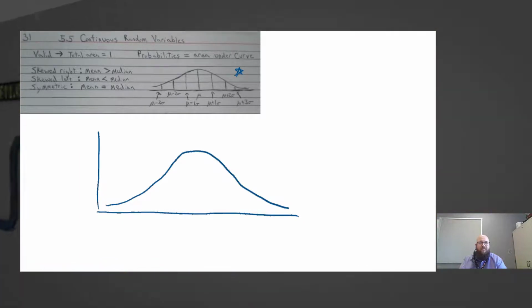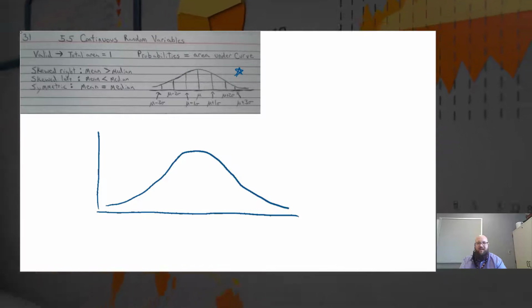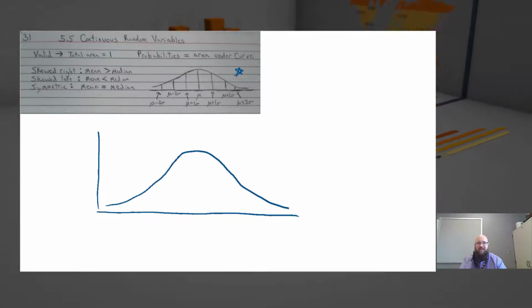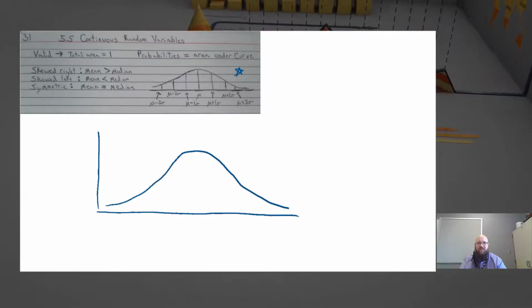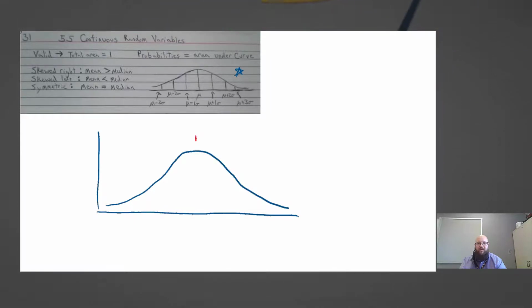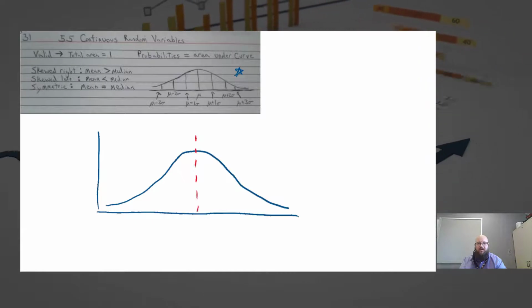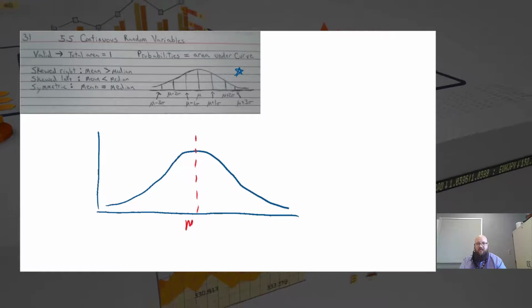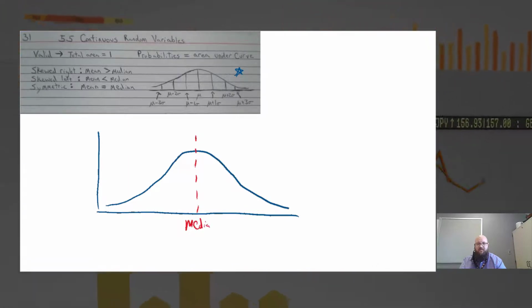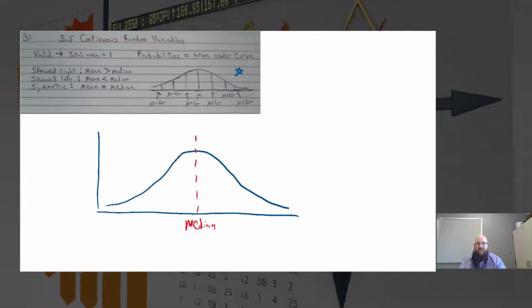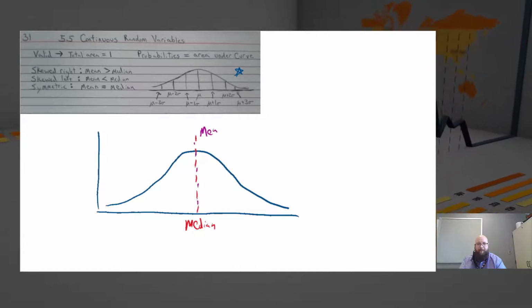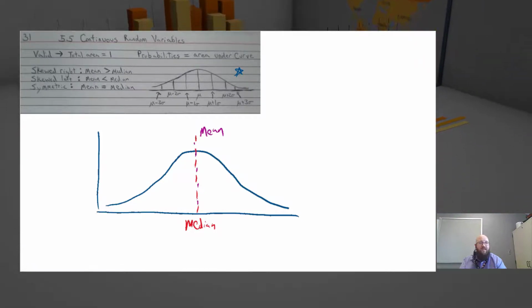Well, because it has an equal pull on either side for the most part, it may not be 100% equal, but for the overall effect, they're going to be pretty similar. So, therefore, your mean and your median, so we'll say there's your median, and the mean should be fairly close to being equal, if not equal.